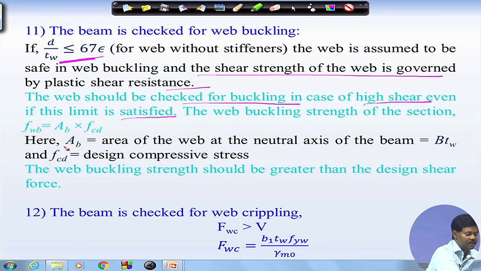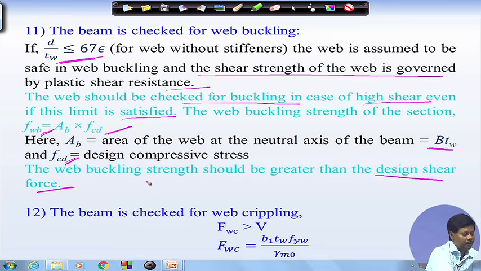And the web buckling strength can be calculated, we know, that is Fwb is equal to Ab into Fcd, where Ab is the area of the web at the neutral axis, that is b into tw, and Fcd is the design compressive stress, which can be found from table 9C, because it is buckling class C. So, from this I can find out the web buckling strength, and this web buckling strength should be greater than the design shear force at that point, right.